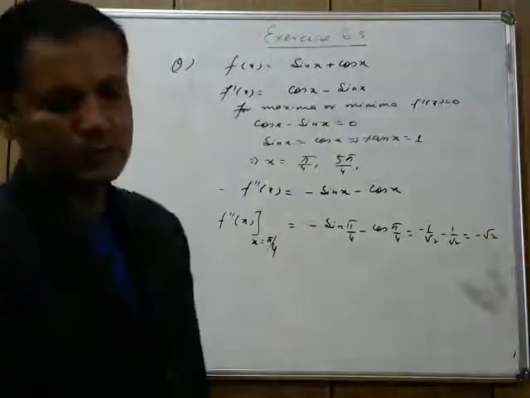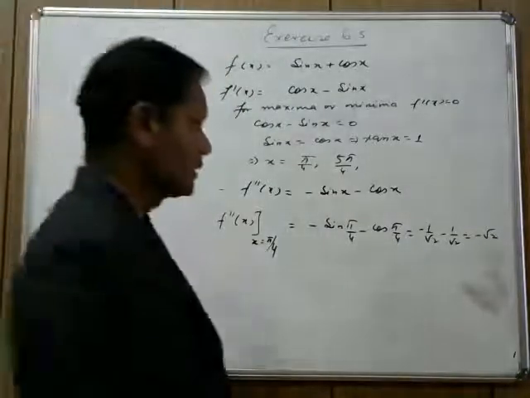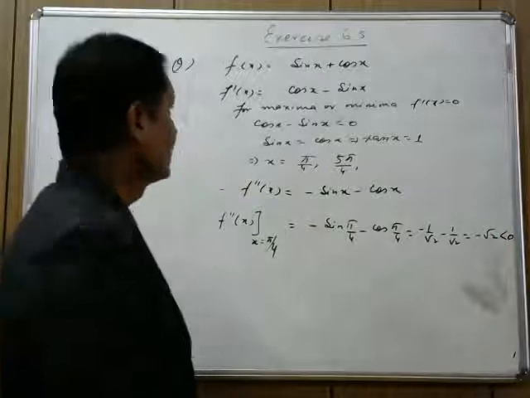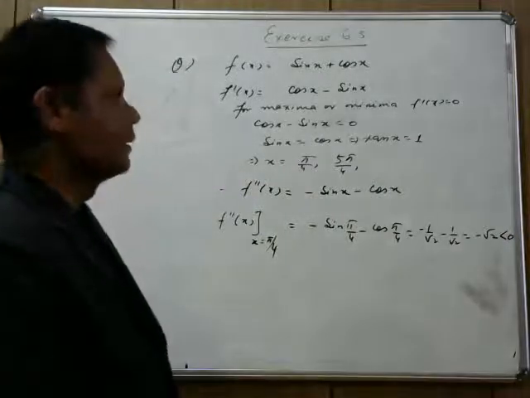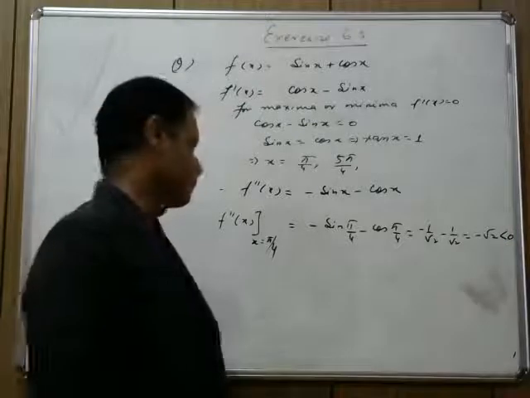Minus 2 by root 2 is equal to minus root 2, and minus root 2 is less than 0. It means the given function attains the maximum value at x equal to pi by 4.